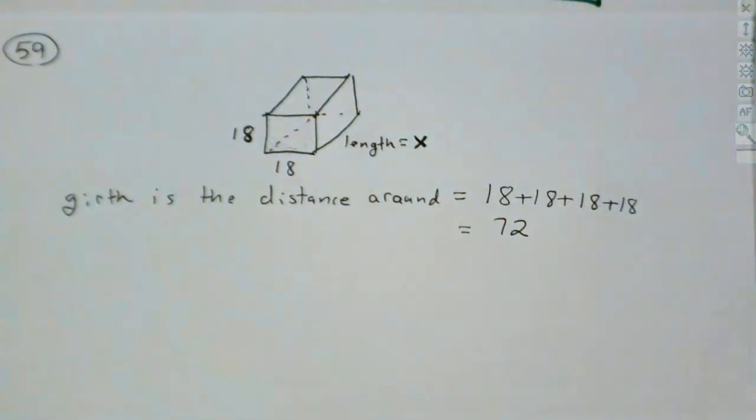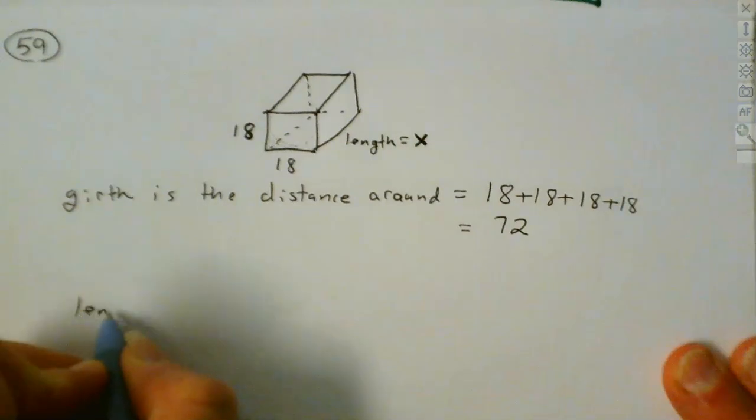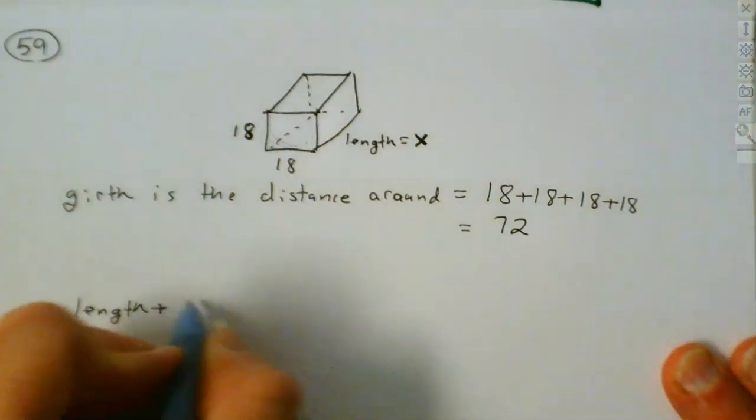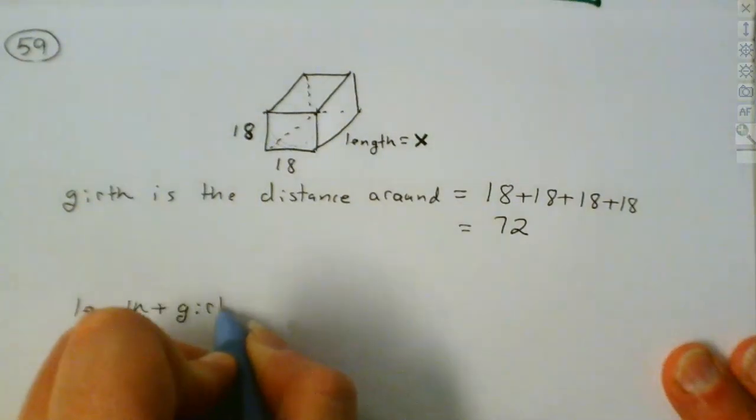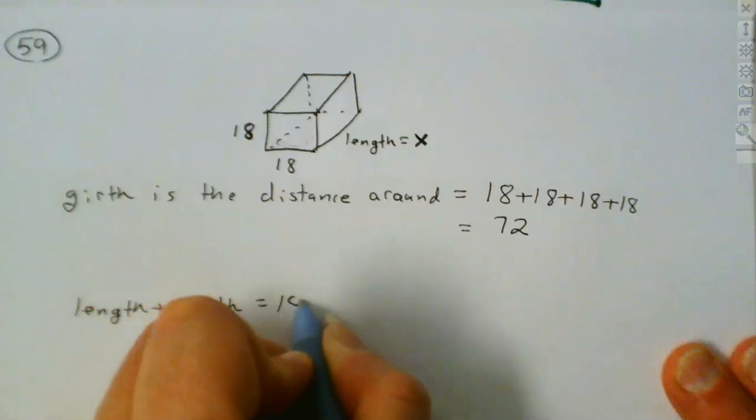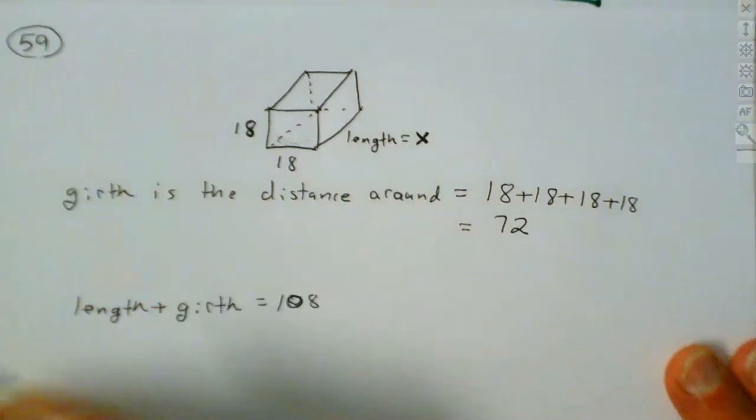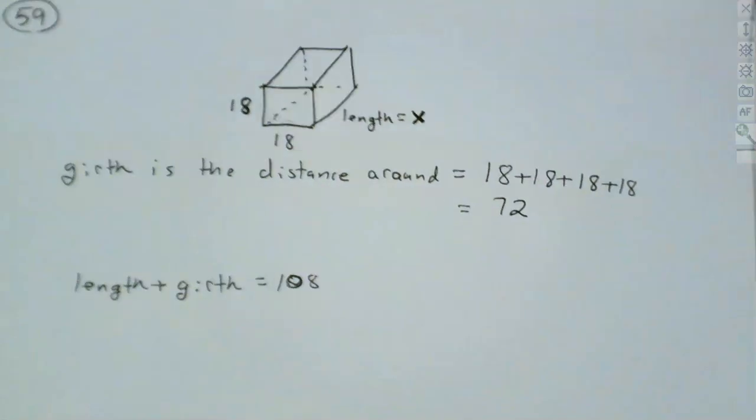So I'm breaking it up into pieces. First thing it says is the girth. Well, we found the girth, right? Girth was 72. And it says it can have a length plus the girth is 108. Well, we know what the length is, right?